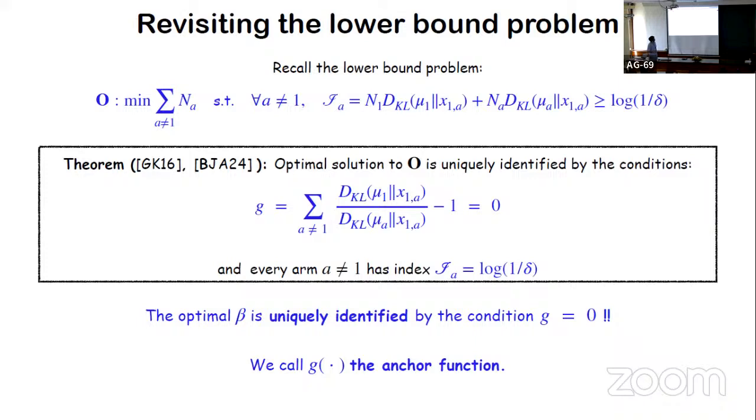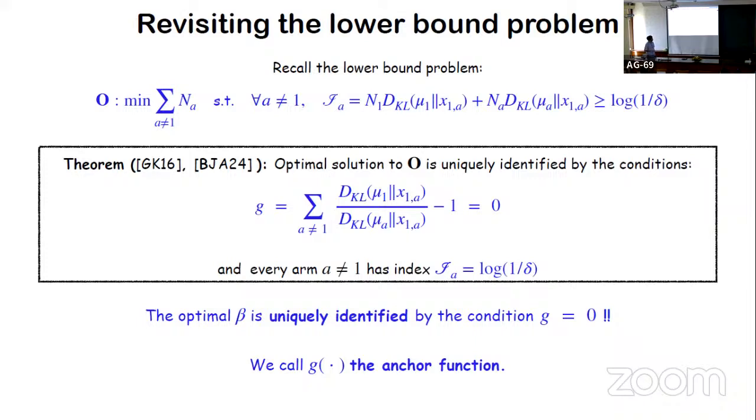Now we look at the first order conditions for the lower bound problem, and it turns out that we have this condition that the index of every alternate arm must be equal to log of 1 over delta. I must collect exactly log 1 by delta evidence for every suboptimal arm.